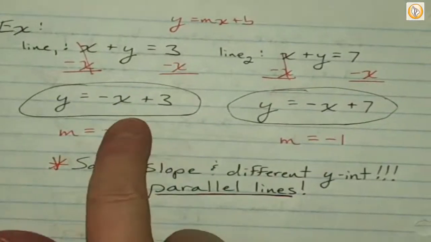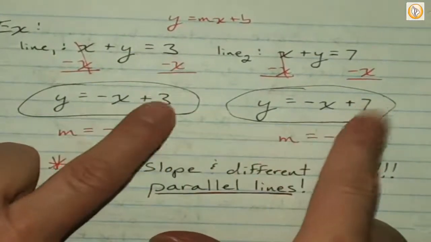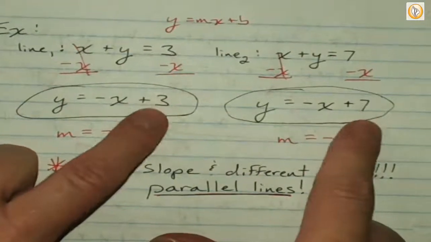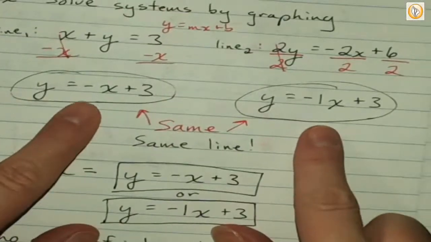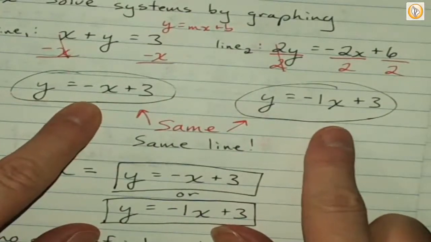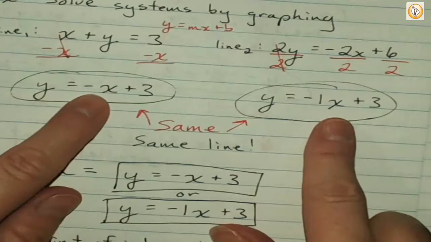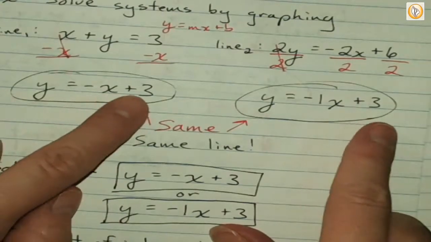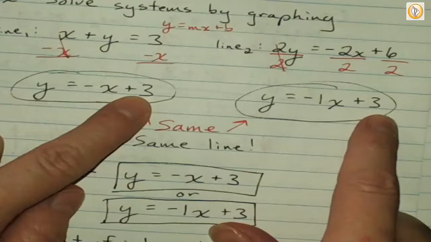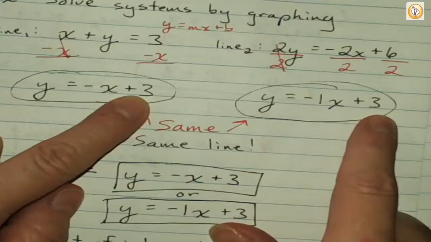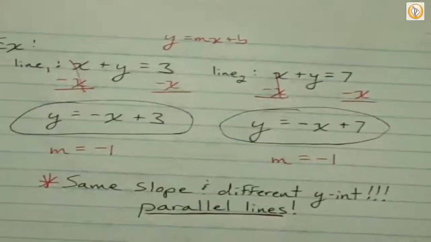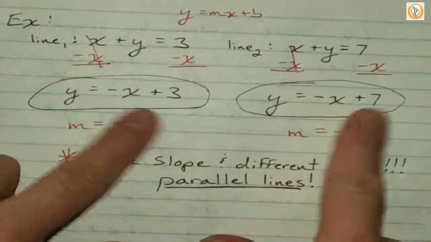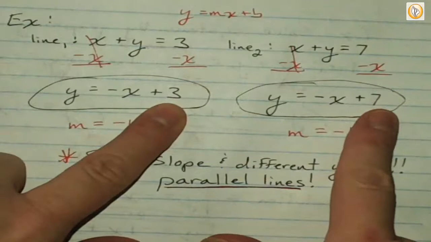If the slopes are the same, but you have a different y-intercept, then they're parallel lines. Now, if you do this, and you say, well, the slopes are the same, so they must be parallel. Well, no, because they have the exact same y-intercept. Do you see what I'm saying? Be careful. I've had kids tell me that. No, same slope, different y-intercept.